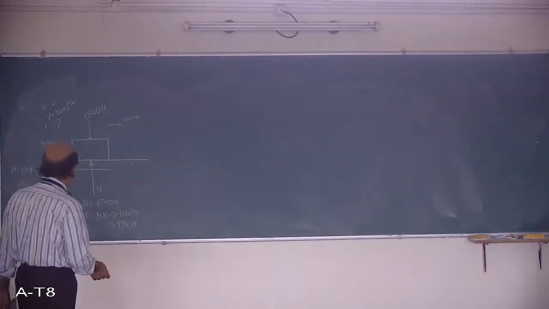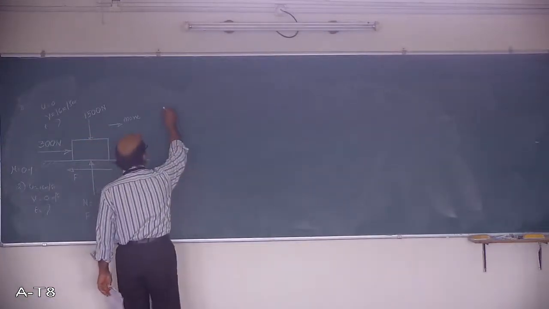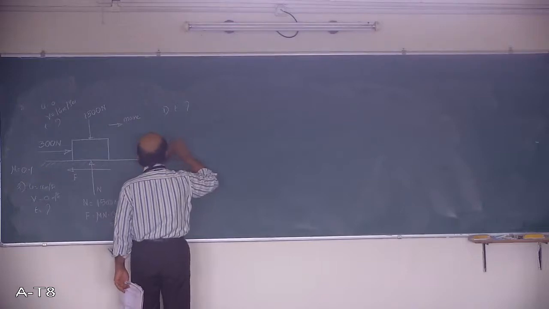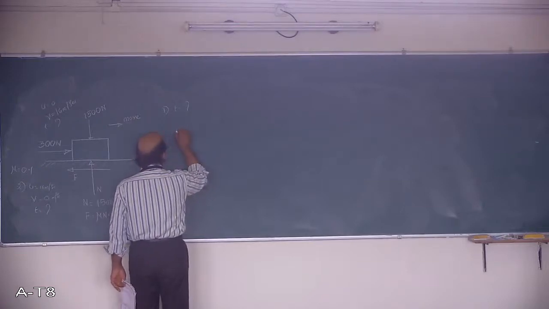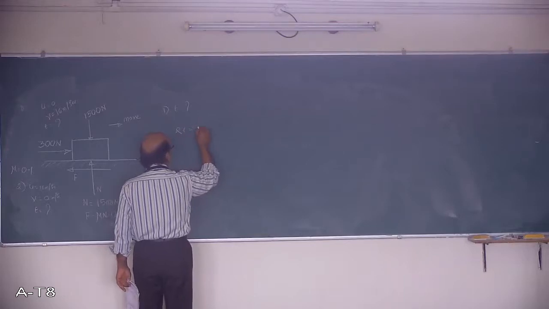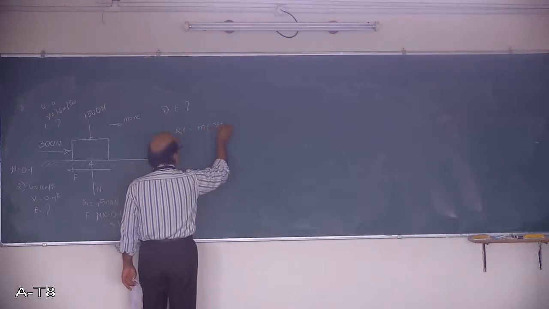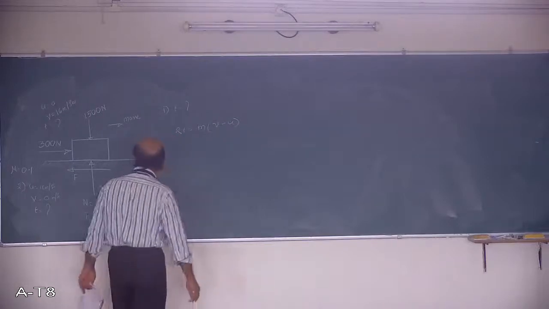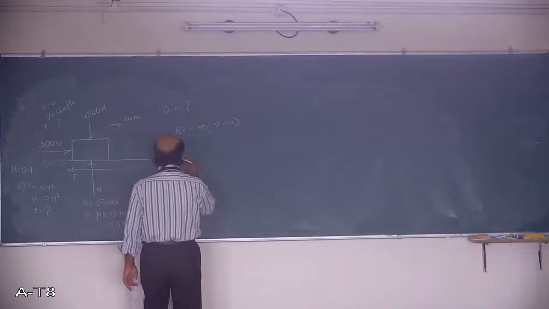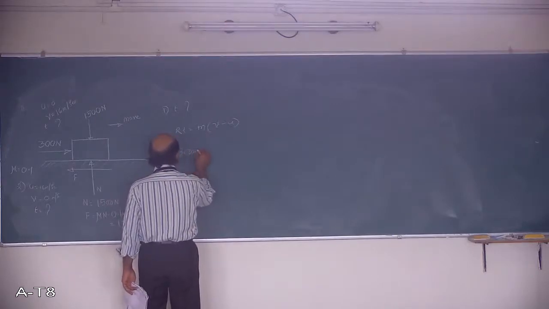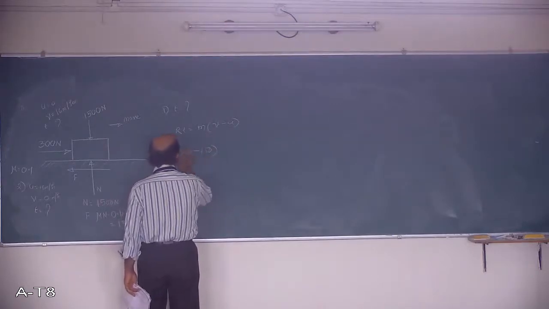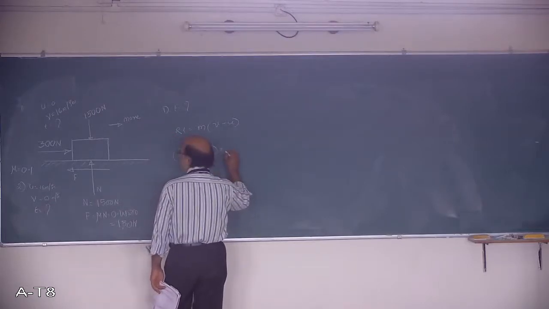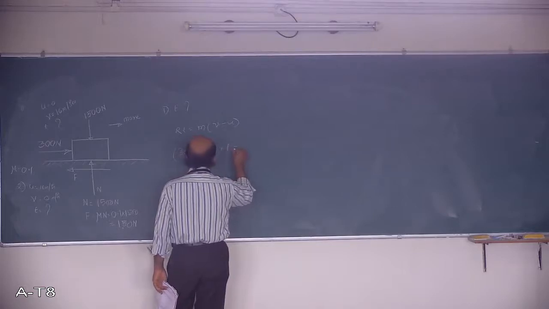Now simply substitute all this. For the first stage, the time required to achieve 16 meters per second, use the impulse equation: R into T is equal to M into (V minus U). Substitute the forces acting in the horizontal direction. The 300 Newton force acts in this direction, which I take as positive, and the frictional force F acts in the opposite direction, which I take as minus, into T, the time required, which I don't know.